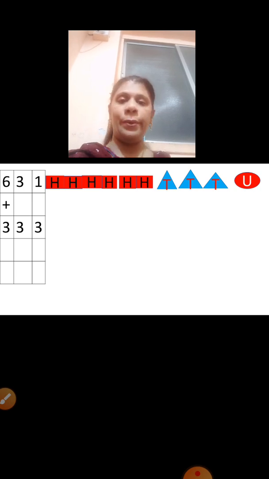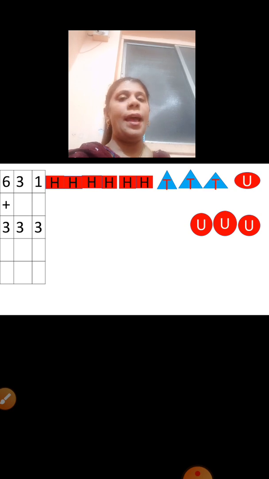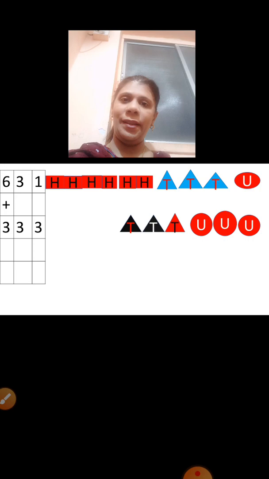Okay. Now in the next below that, which number is in units place? Number 3. Okay. So how many units we are going to draw? 1, 2 and 3. Okay. And which number is in tens place? Number again 3. So how we are going to draw? 1, 2 and here comes the 3. Okay.